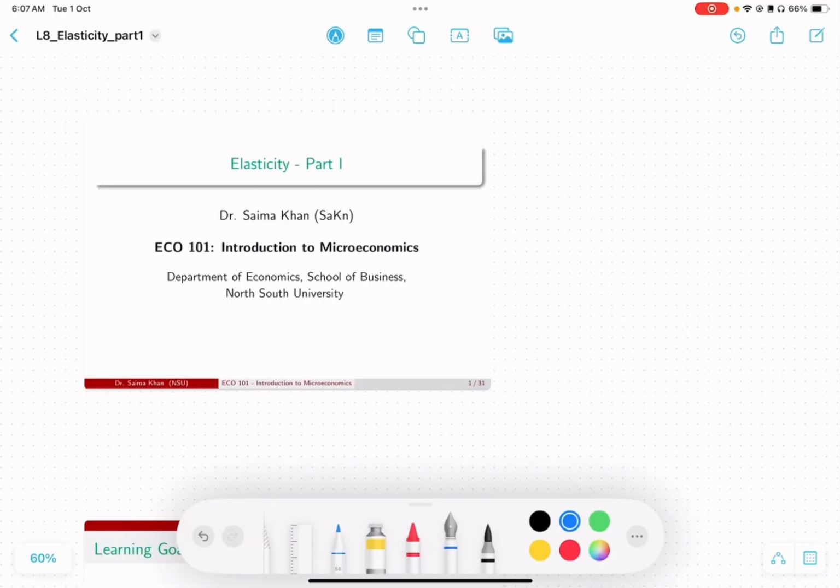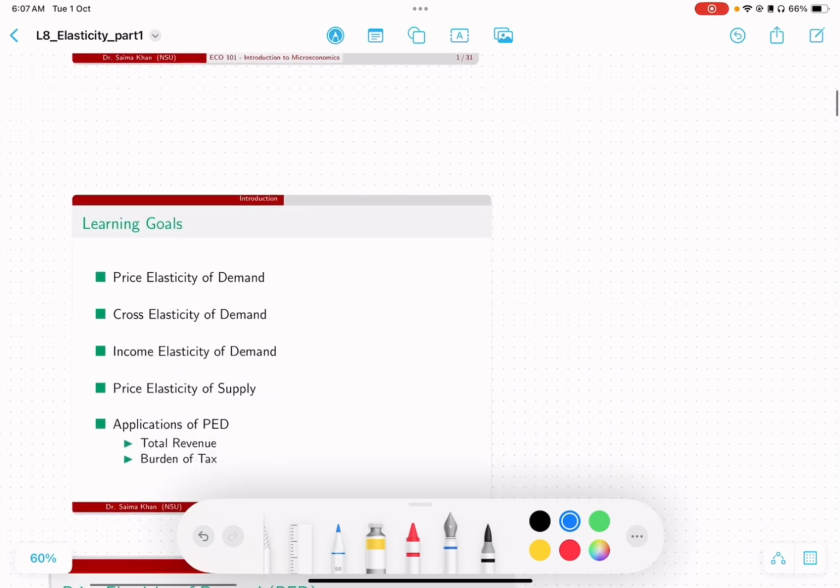So in this series of lectures, we are going to look at the concept of elasticity. Essentially, our learning goals are to first learn the different types of elasticity. There's price elasticity of demand, which we're often going to refer to as PED or ED. There's cross elasticity of demand, which you'll often see me write as CD or EC.